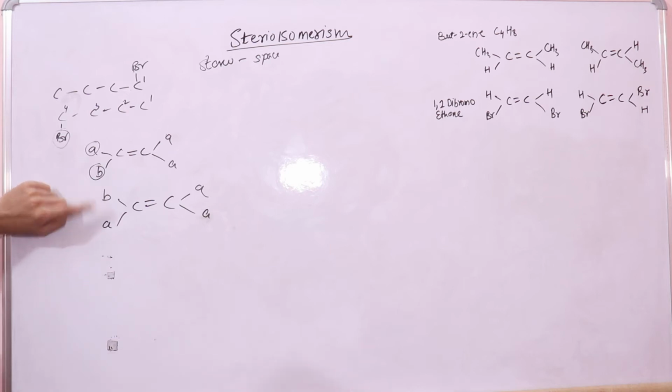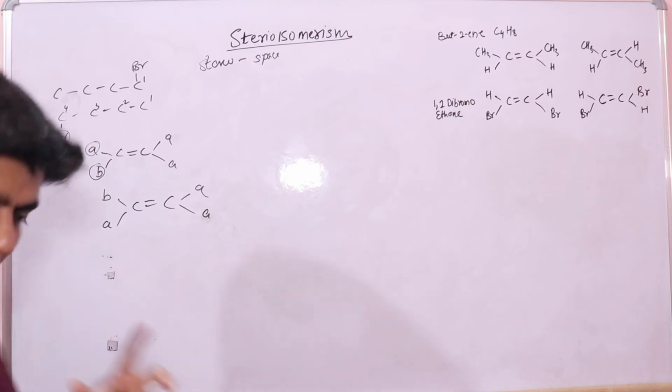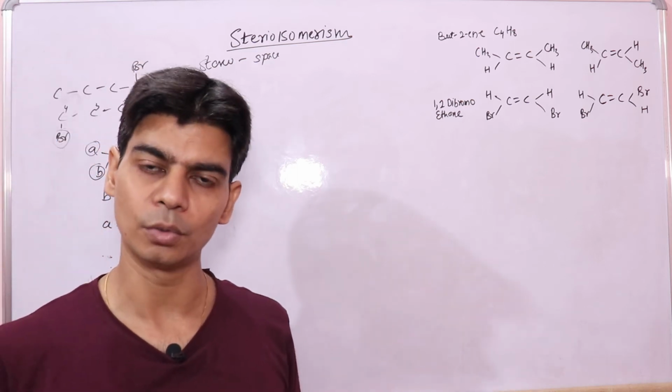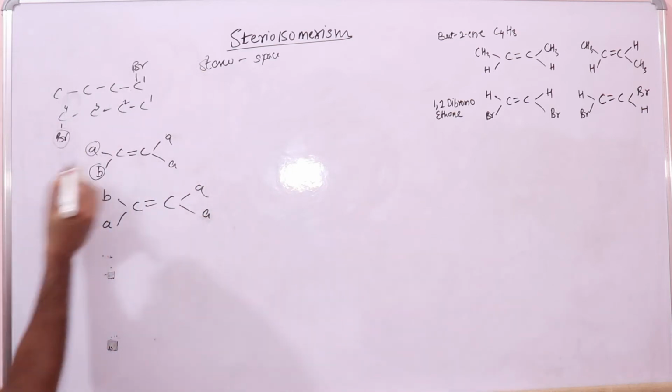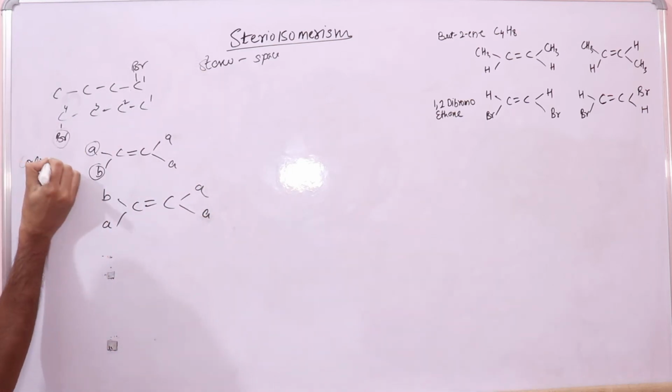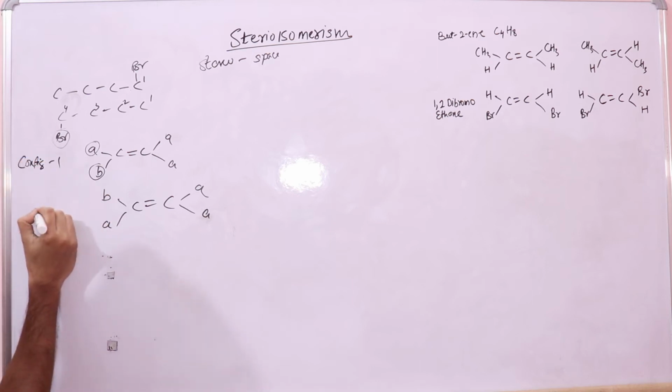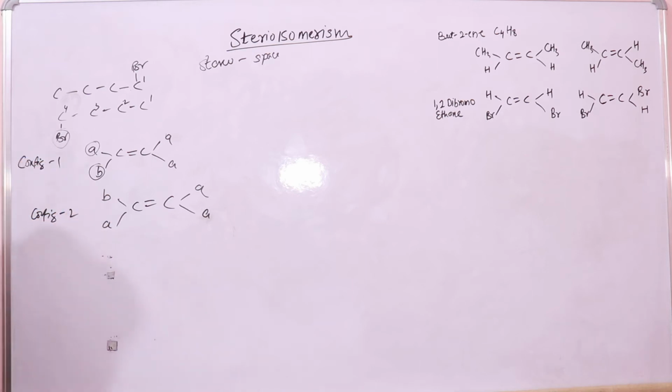You can see both differ. So one particular arrangement of atoms or groups in a molecule is a configuration. So this is one particular configuration and this is another configuration. These two are different configurations.